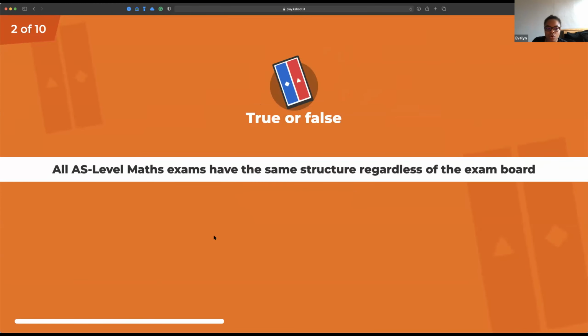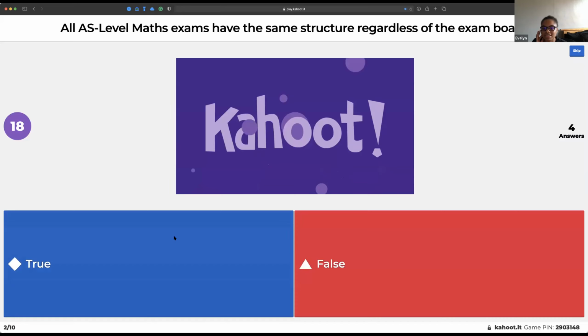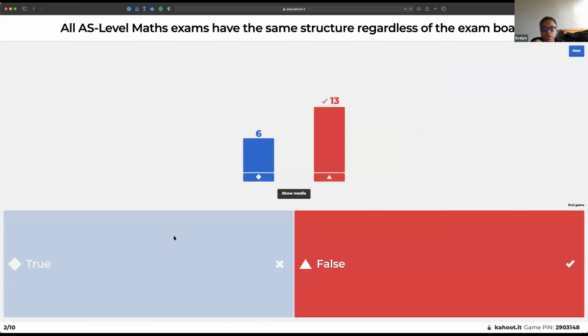True or false? All AS level maths exams have the same structure regardless of the exam board. Brilliant.